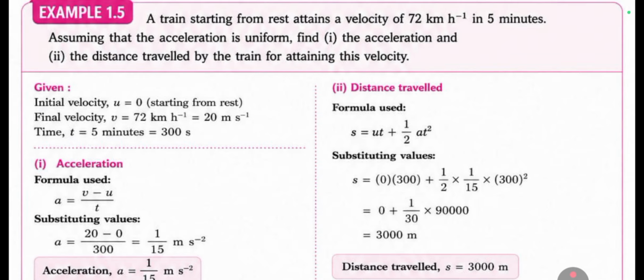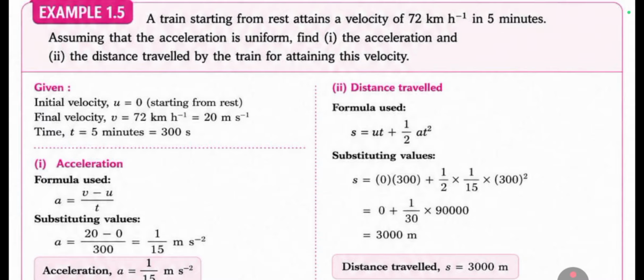So first, find the acceleration. We use v is equal to u plus at, the first equation of motion. Making a the subject, the formula changes to a is equal to v minus u by t.